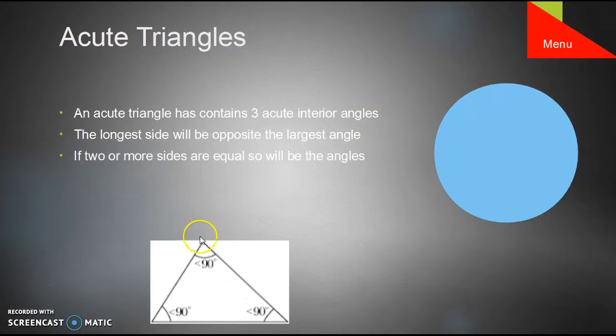First we'll start with acute triangles. Every interior angle of an acute triangle is less than 90 degrees. So each angle is between 90 and 1 degrees.